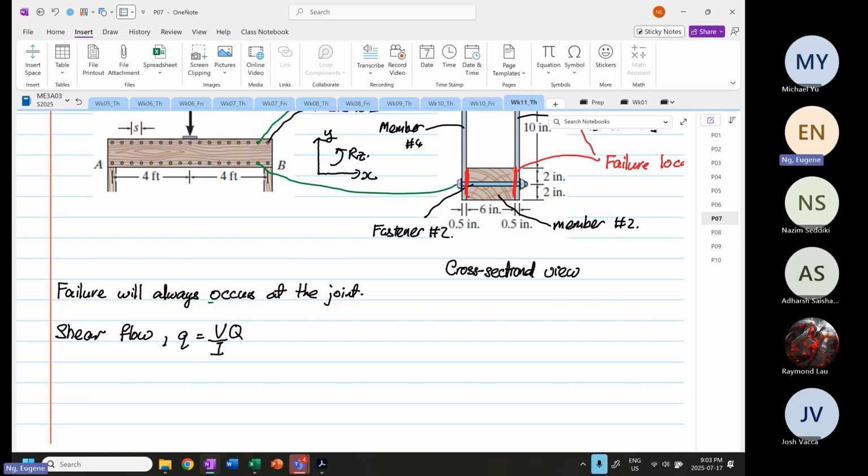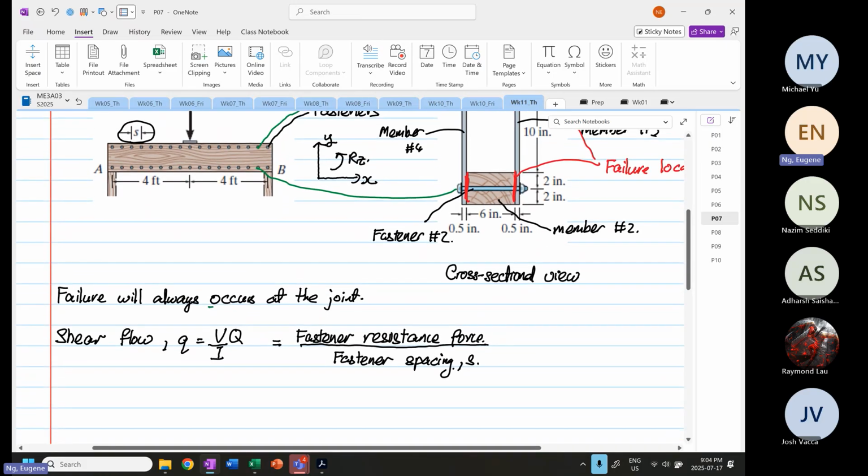But this formula is also equal to the fastener resistance force divided by fastener spacing. And fastener spacing over here is S, which is the S over here. That is the fastener spacing.